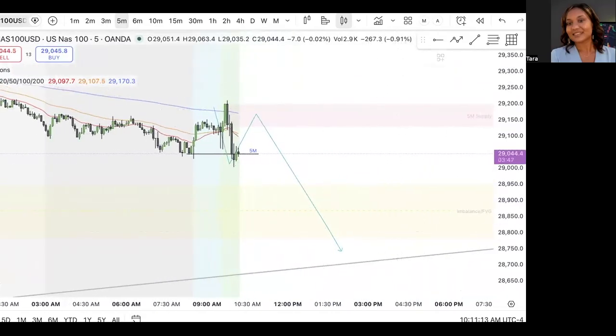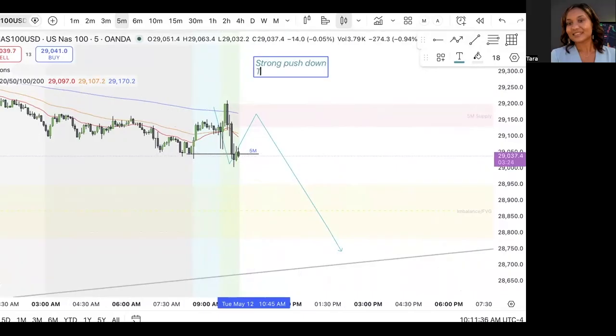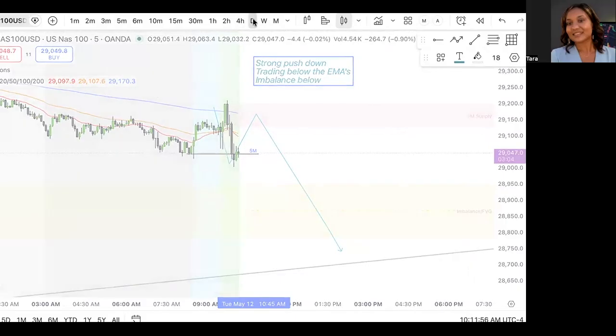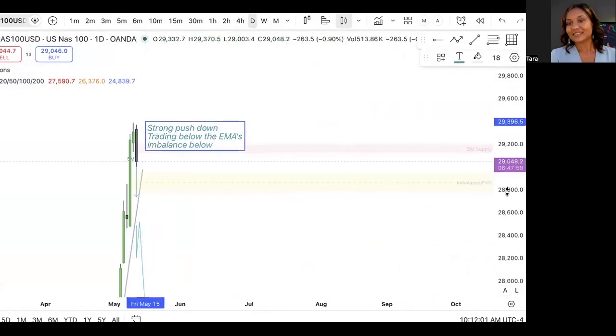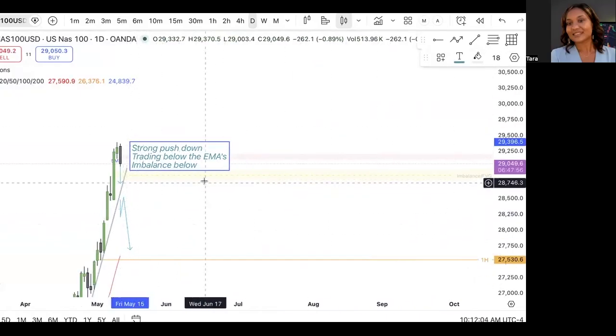All right, and so those are our confluences. So we have a strong push down. We're trading below the EMAs. There's an imbalance below. And then if we look at our overall picture, we can see that on the daily, we've got a bearish candle.